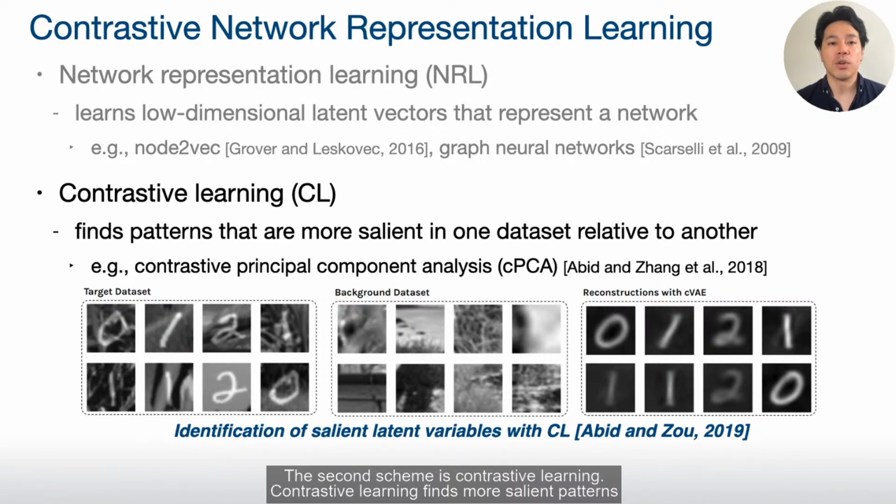Contrastive learning finds more salient patterns in a target dataset relative to a background dataset. For example, in this figure, by contrasting images containing both handwritten digits and grasses with images only containing grasses, contrastive learning can extract salient features in a target dataset. There are several contrastive learning methods, such as contrastive principal component analysis.